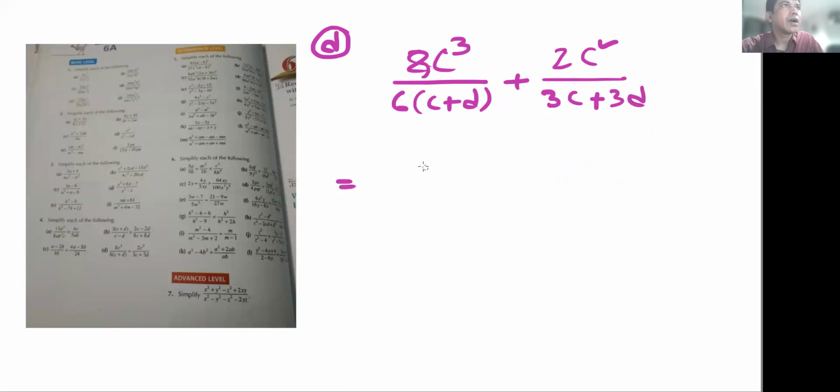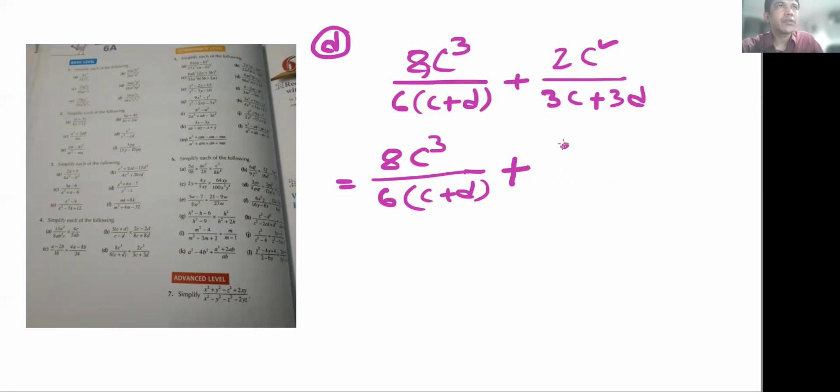Now it's already in the multiplication form. Right? So 3Q divided by 6 into C plus D. Remember, this is not multiplication, this is a plus sign.